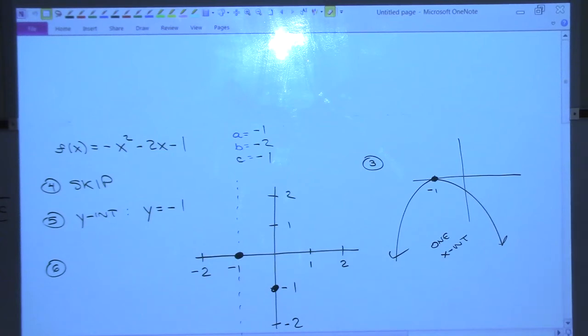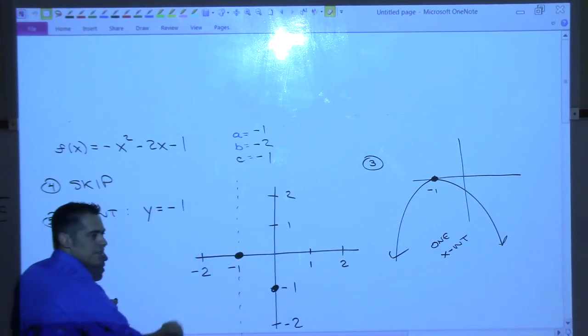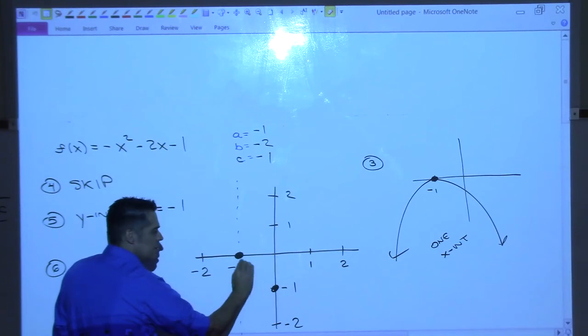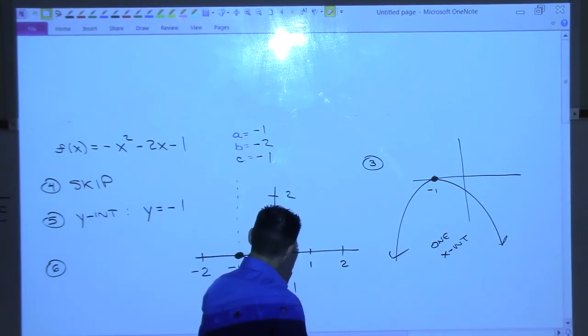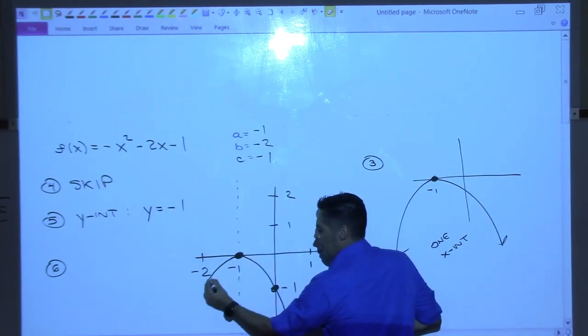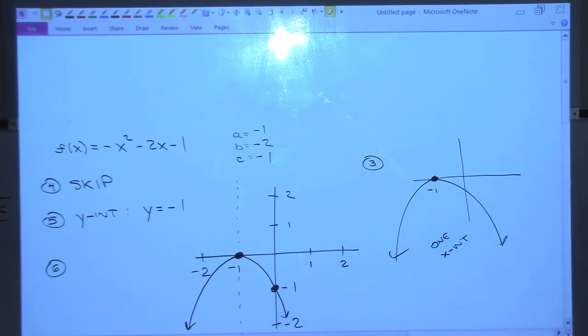The side with the Y-intercept, because that's the only thing I know. I don't know anything about this other side. All I know is that on this side, I have to get from here to here. So I'm going to draw something curved looking like that. And then over here, try and just curve it out, make it look as symmetric as possible. And that's good. Make sense?